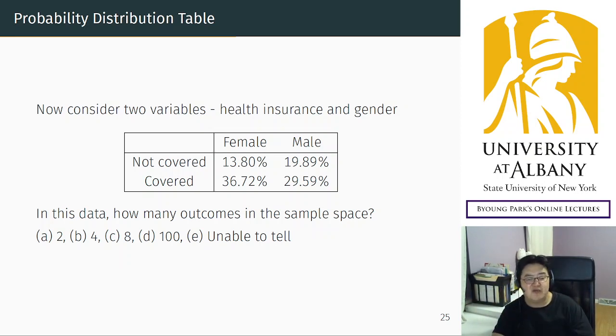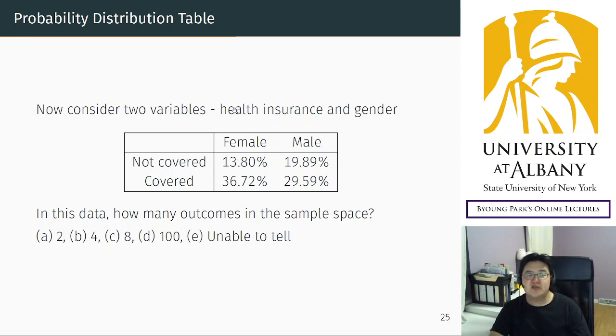So in this course, we will consider two variables at most. But it's straightforward to extend two variables into three variables, so I'm not going to consider more variables case. Anyhow, come back to this example.